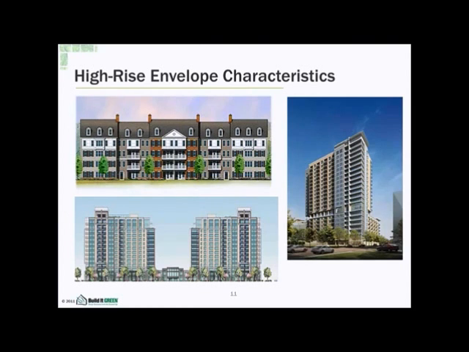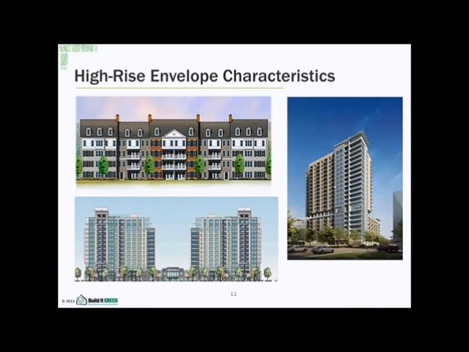Now our high-rise envelope characteristics. They're more than three stories, at least four stories. The top one is a really minimized high-rise construction, and on the right and the very bottom are large-scale high-rise construction.